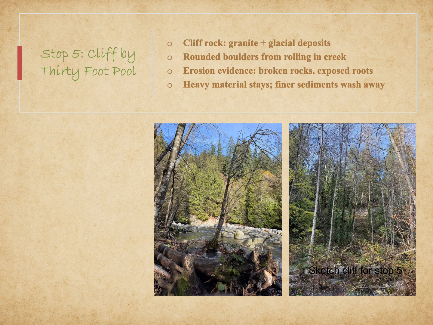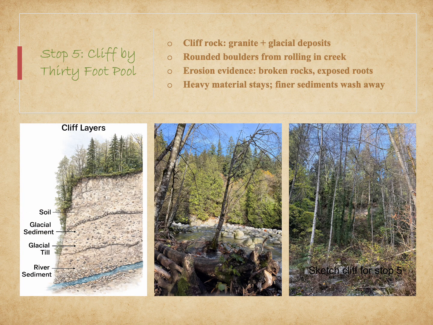Here we have our stop 5, which is the cliff by the 30-foot pool. This is the east side of the 30-foot pool. We saw a cliff with layers of granite and glacial deposits. I do have the diagram for this. Here we have different kinds of layers.